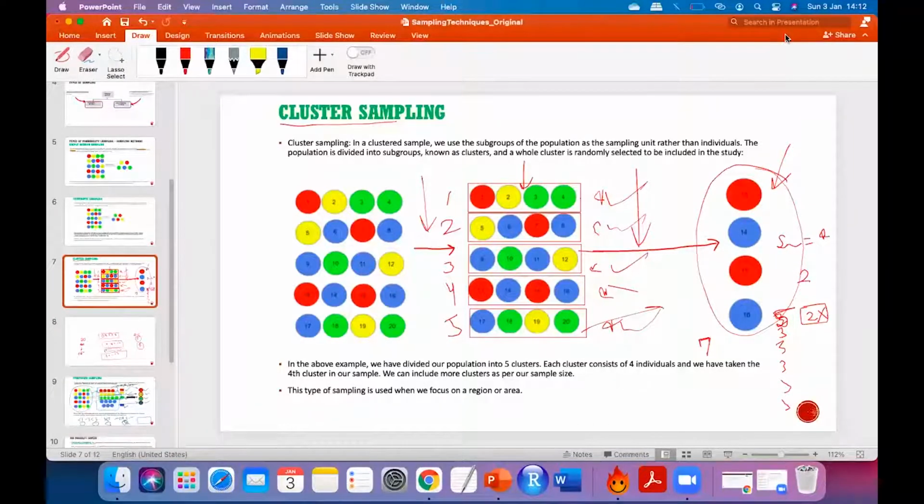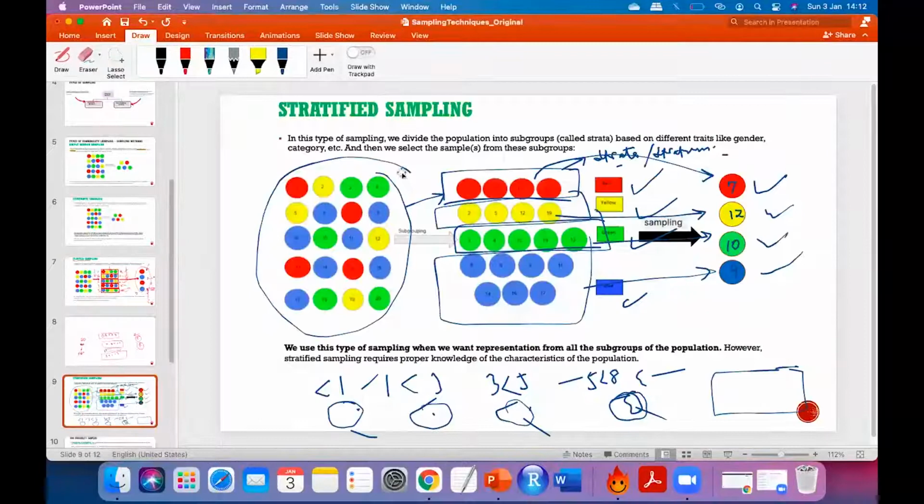On the other hand, in stratified sampling, first of all, we divide into strata, or subgroups, based on characteristics. Here, the characteristic is color. Another example I gave is economical condition or salary. Another can be area. Another can be strength of the material if you are working in the automotive domain.